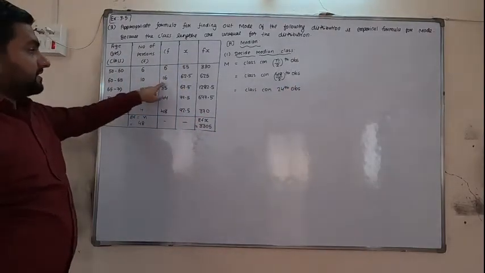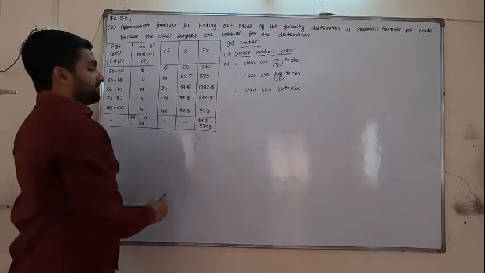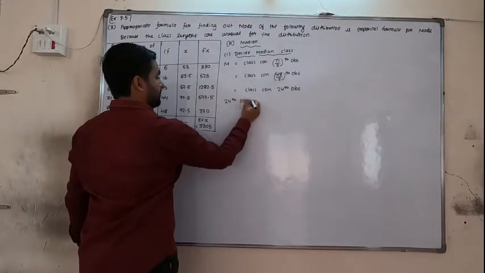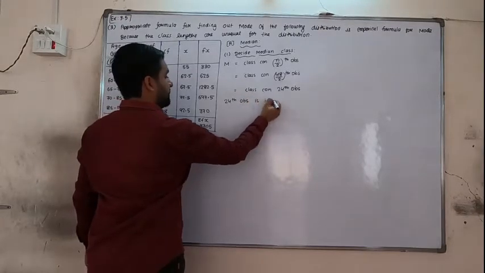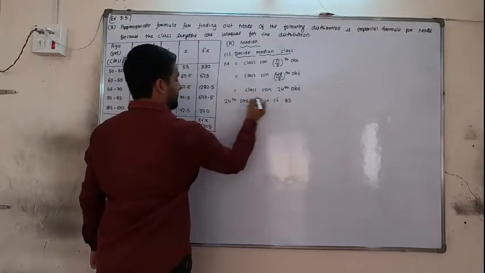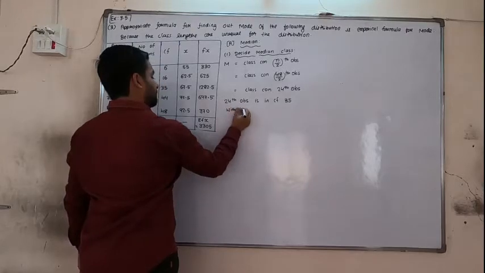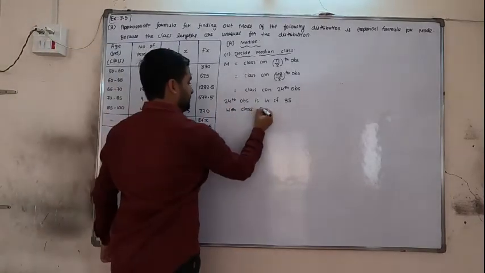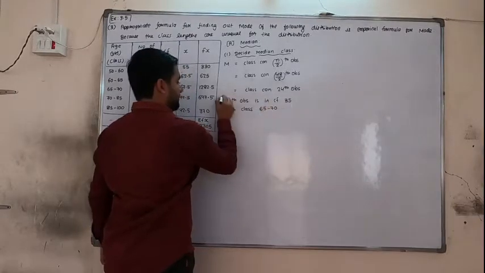Looking for the 24th in CF, it will be in 35. The 24th observation is in CF 35, with class 65 to 70.